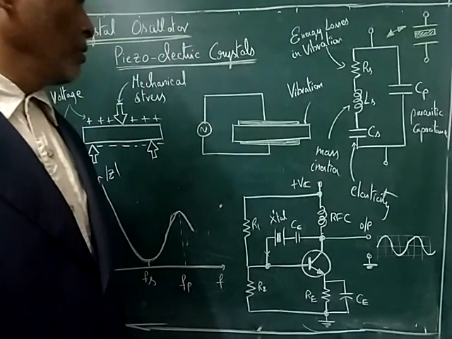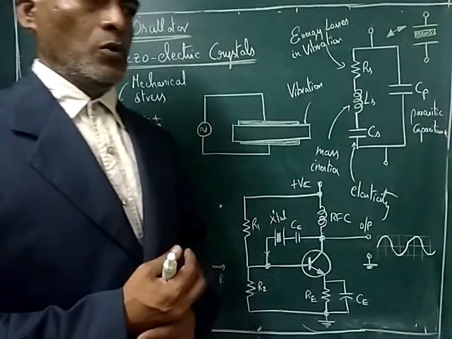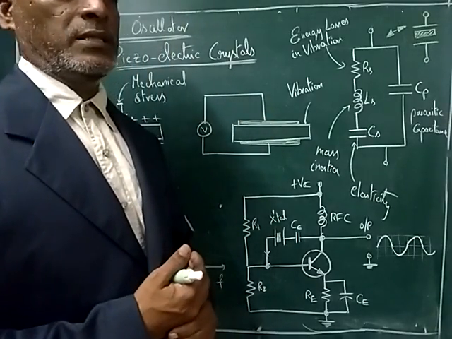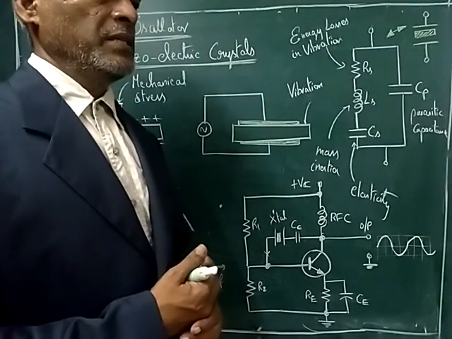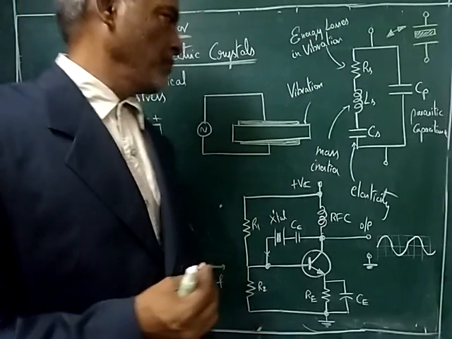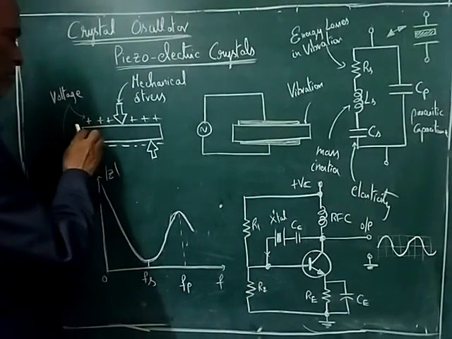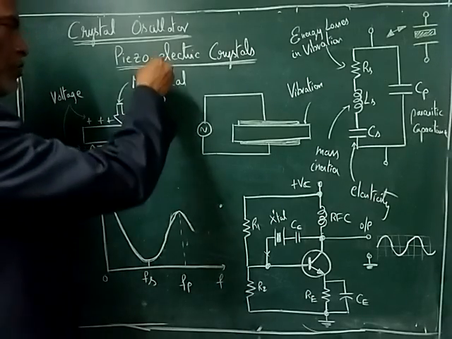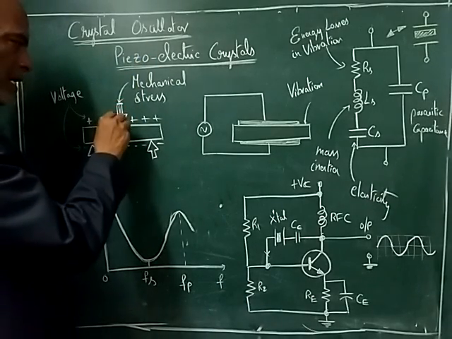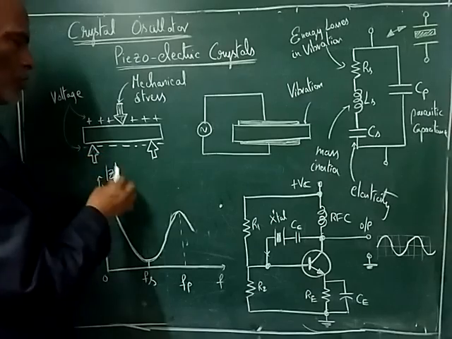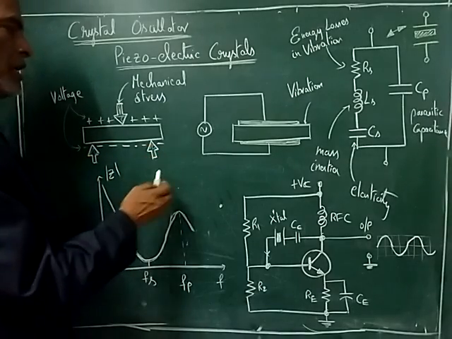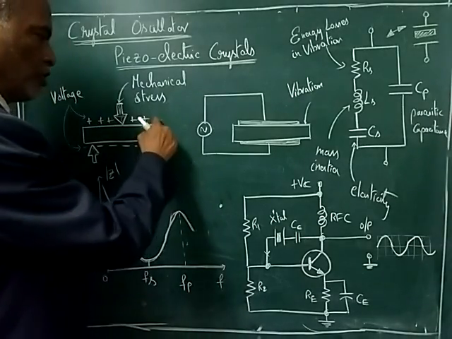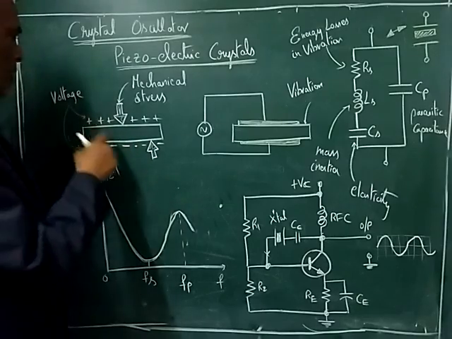There are some materials like Rochelle salt, quartz, tourmaline. Assume quartz. When you apply a mechanical stress all around it, it will develop a voltage between these two points.